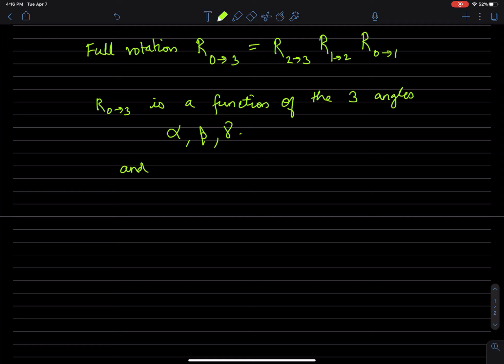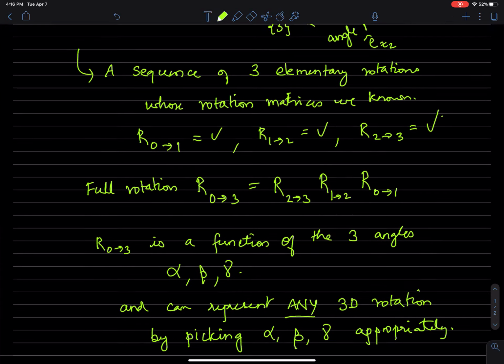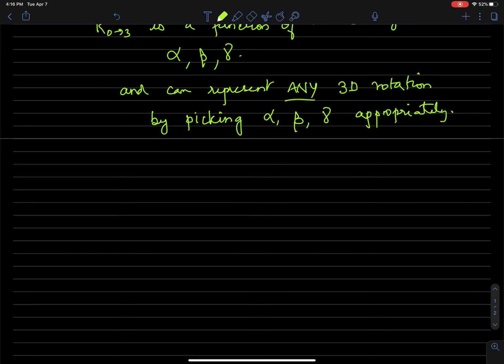And this full rotation can represent any 3D rotation by appropriately picking alpha, beta, gamma. Okay. And then these three angles are called Euler angles.